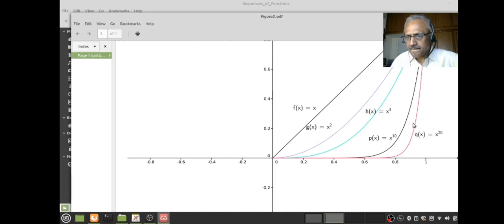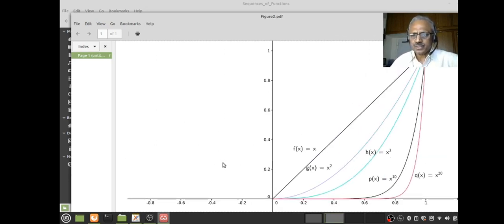First, what do you observe from this picture? See, this is what people don't try to learn: how to draw pictures, understand, and infer something. One has to improve one's observation power. Look at that.